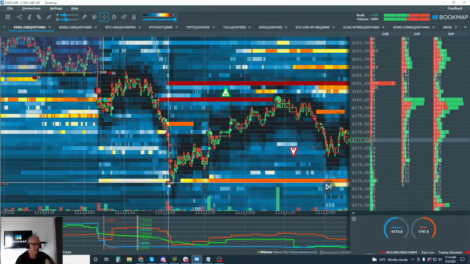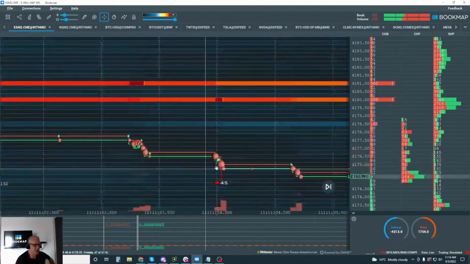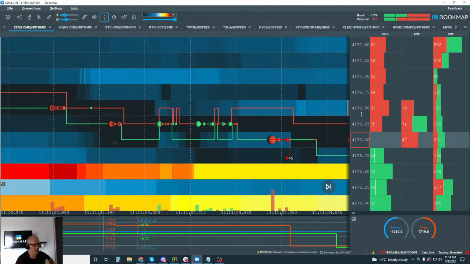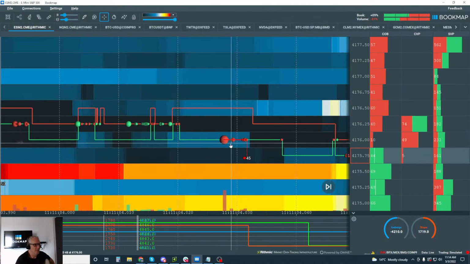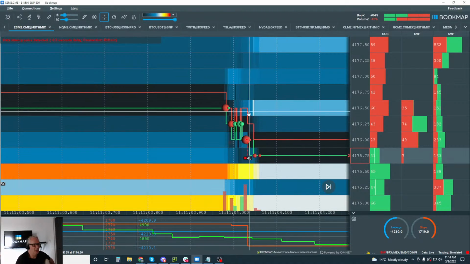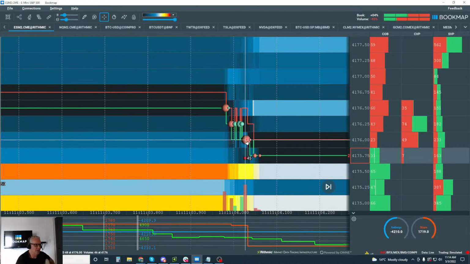These are stop runs. This is a stop run. And the beauty of this indicator, the stops and icebergs, is we know exactly when it took place and where. The stop run actually took place here. It's only one price level. Okay, it didn't sweep the order book lower or anything like that. It wasn't like a stop run. It was just stops at one level here.